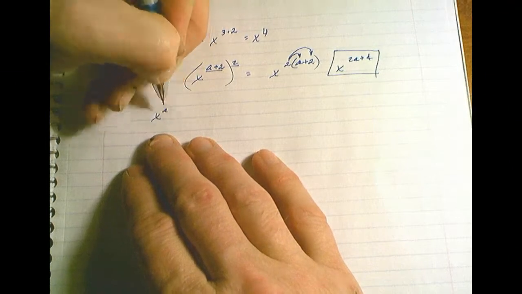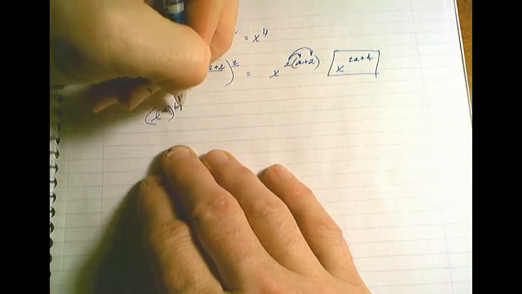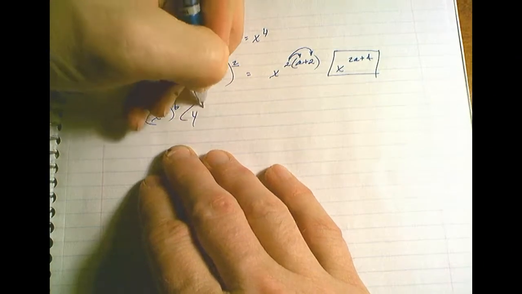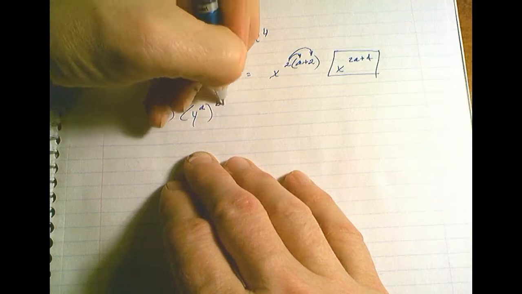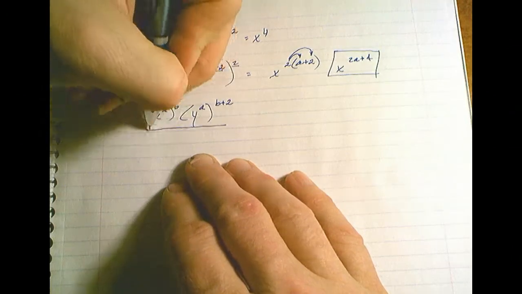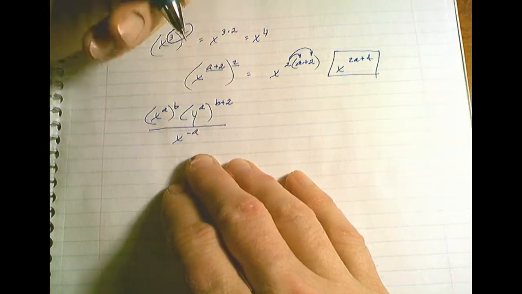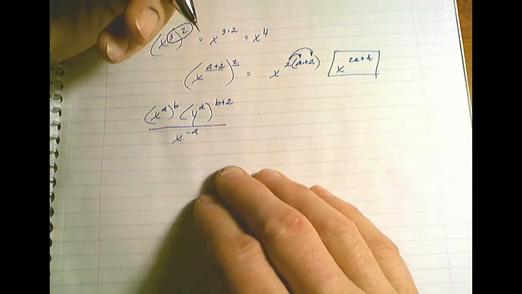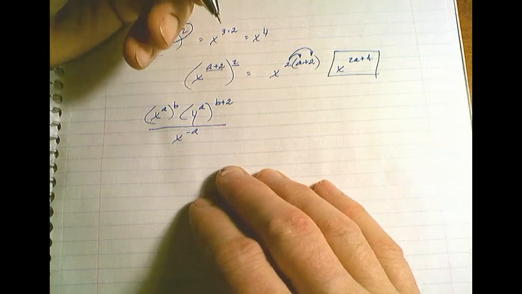x to the a to the b power, y to the a to the b plus 2 power, divided by x to the negative a power. Okay, that one's going to be a little bit trickier.